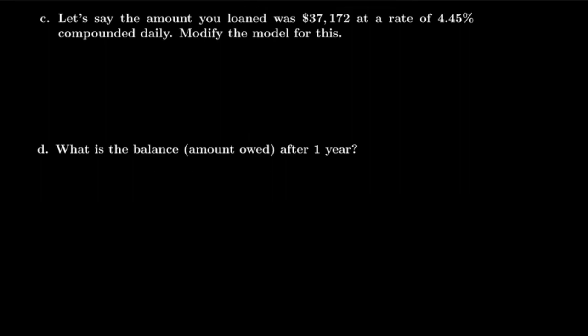So let's say that you finish college and you have $37,172 loaned out at a rate of 4.45% compounded daily. So let's modify the model to fit this.